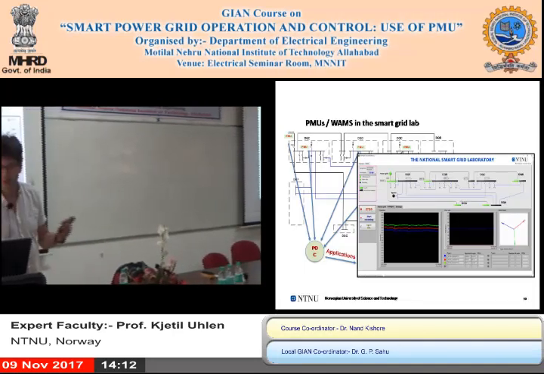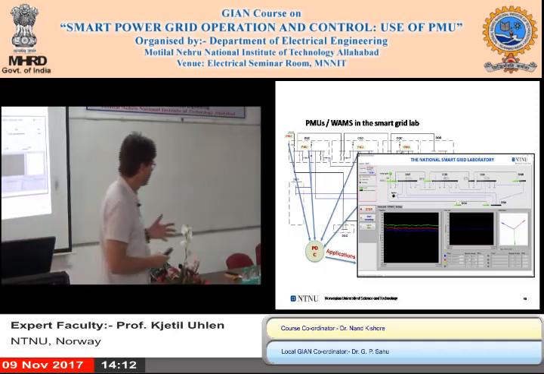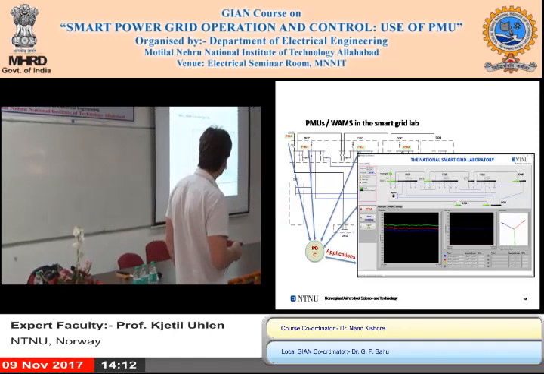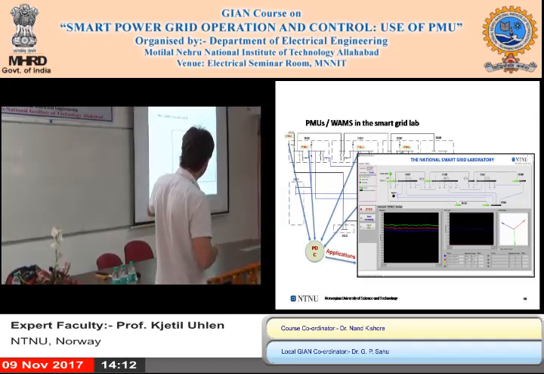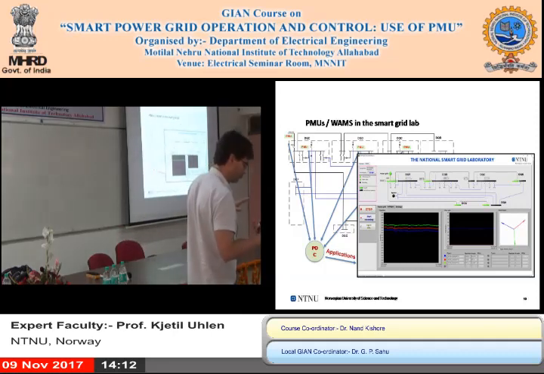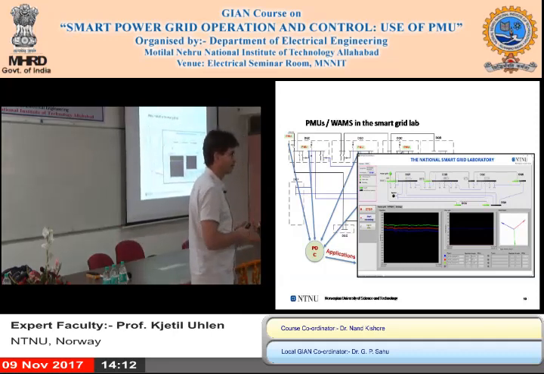Okay, and then as I said, the main point of telling you this is that we are also in parallel working with setting up a sort of monitoring and control equipment for this, which we would call the control center.